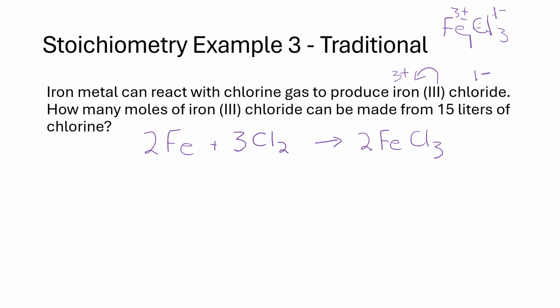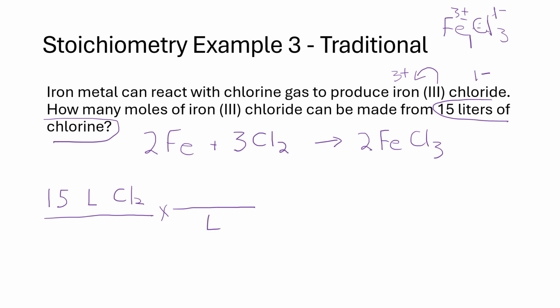To start the calculation, we've got 15 liters of chlorine. So that's what I want to start off with: 15 liters of Cl2. And then since I don't have moles, I want to convert from liters to moles.